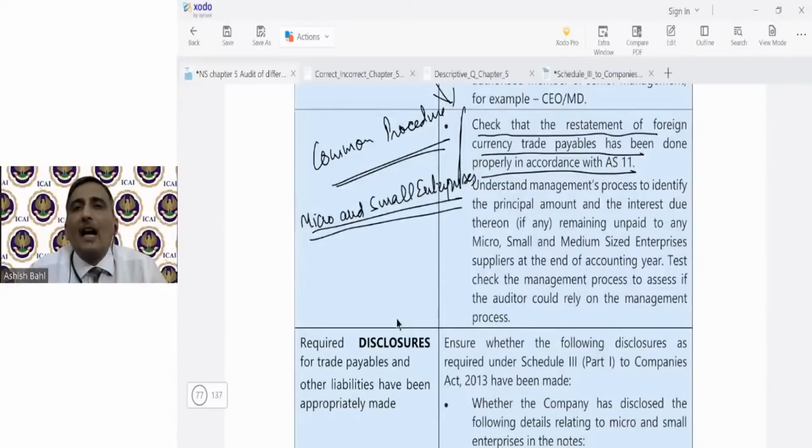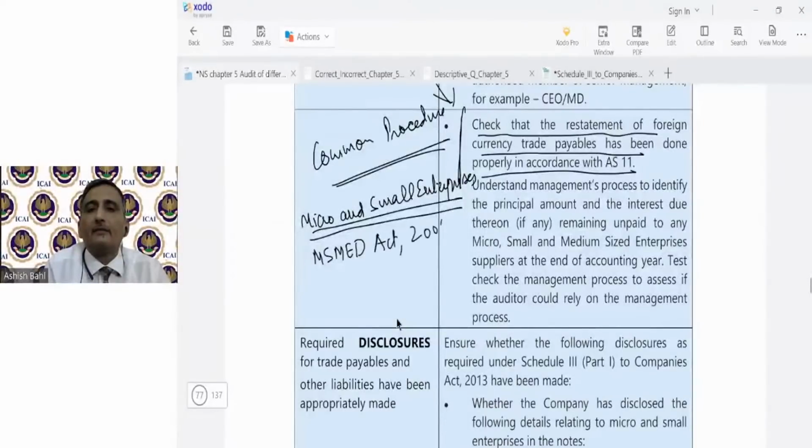So students, you have to understand that this disclosure of trade payables of dues of the companies towards micro and small enterprises is in accordance with the spirit of MSMED Act 2006. That is Micro, Small and Medium Enterprise Development Act.